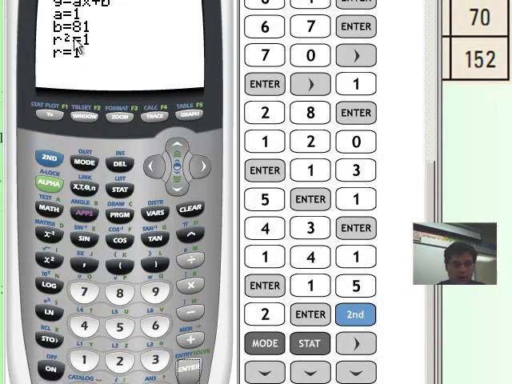In the linear regression, it's y equals ax plus b, and it's saying, okay, well, a is 1, b is 81. Our r value here is, and this is what I really want to point out, our r value is 1. The calculator is saying, hey, this is a really strong relationship in the positive direction, so a very positive slope.